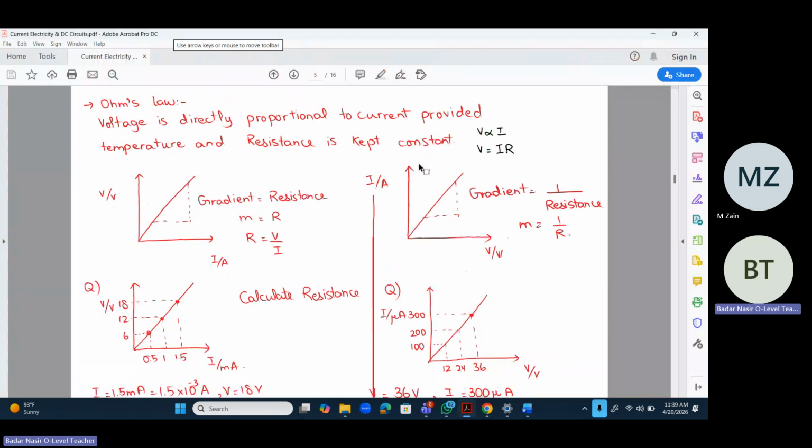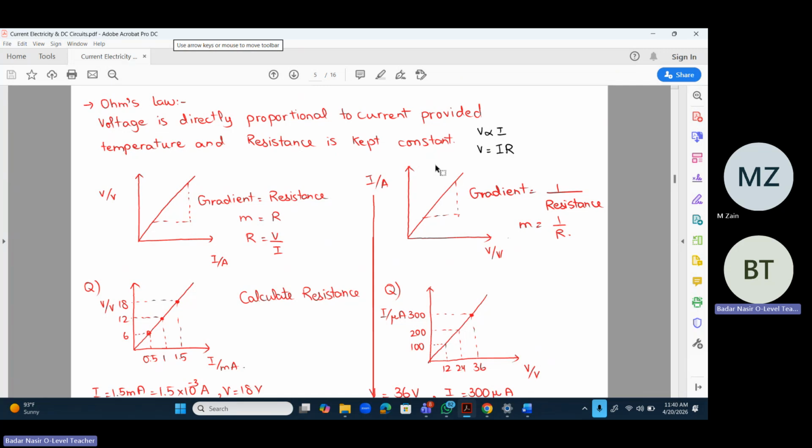Okay, next up we have Ohm's law. Ohm's law tells us that voltage and the current, they both are directly proportional to each other, provided the temperature and resistance is constant. So when two quantities are directly proportional, their graph is always a straight line passing through the origin.